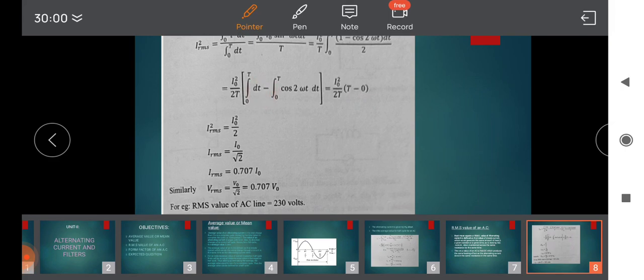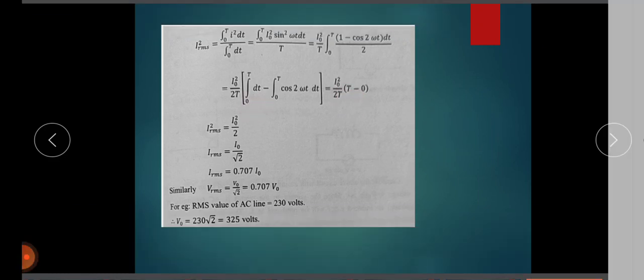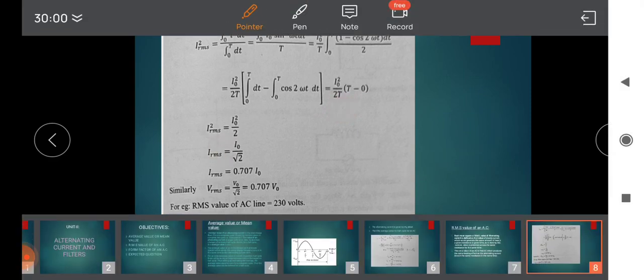Then the remaining term is dt, the integration of dt, that means t, taken from the limit 0 to T, that means T minus 0. Then here T gets cancelled, remaining is I naught square divided by 2.